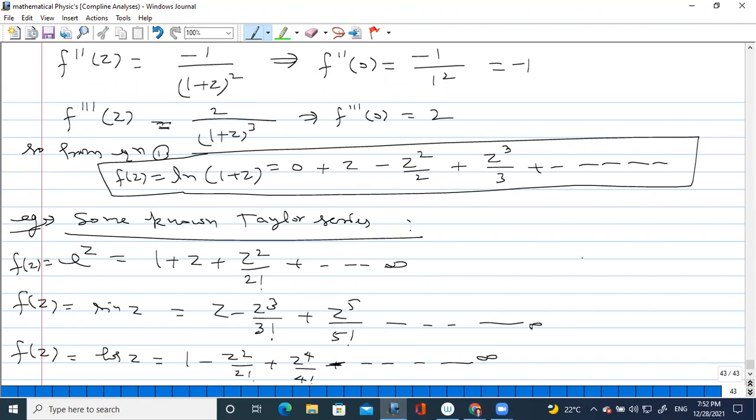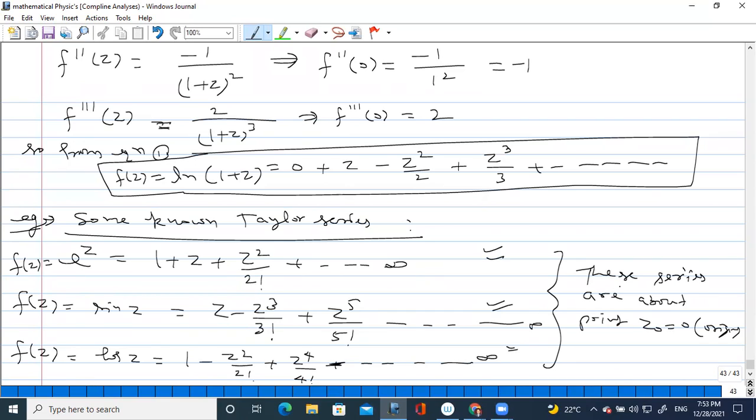Okay, and these series you must know. These series are about point z0 equal to 0, means they are about origin only. We remember them directly, but we must know these are about z0 equal to 0.